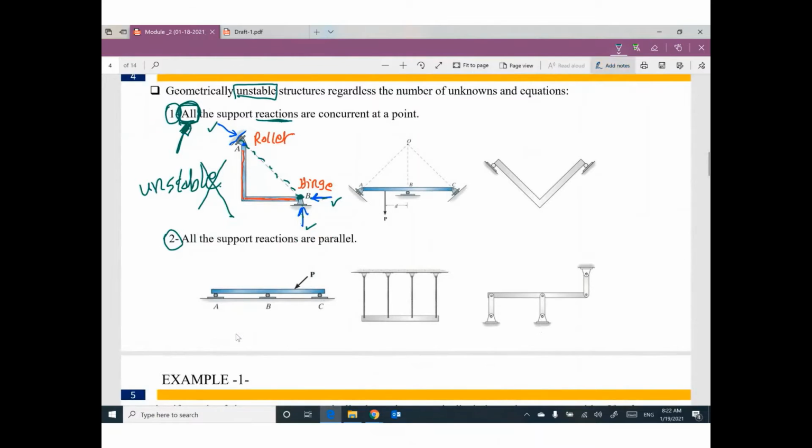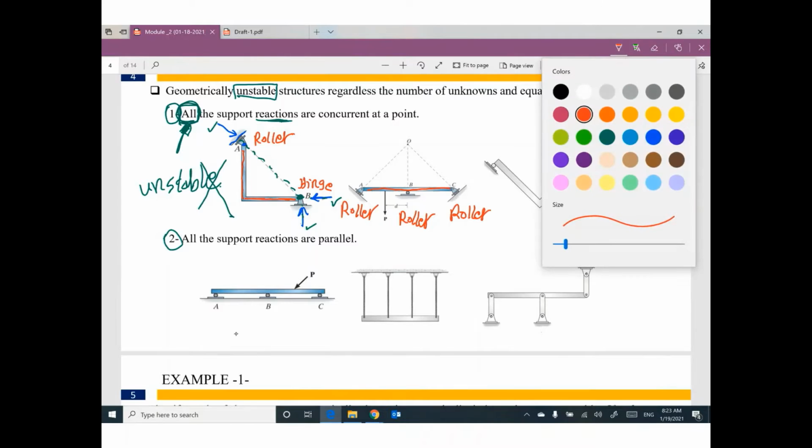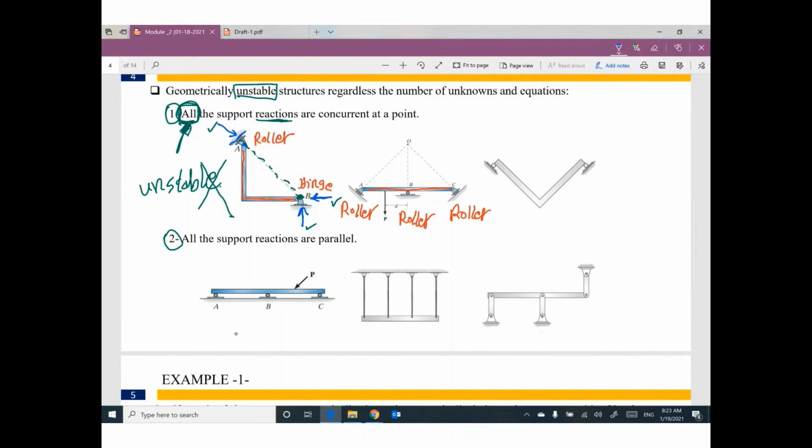One more time. We have a beam with 3 reactions. This one is a roller, this one is a roller, this one is a roller. So each support has 1 reaction, perpendicular to this base.